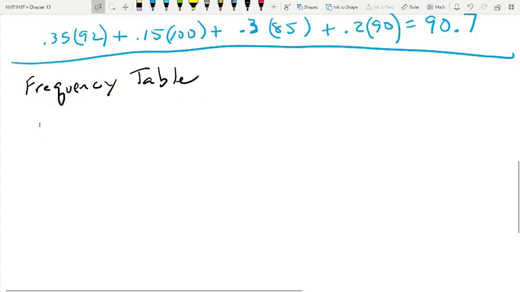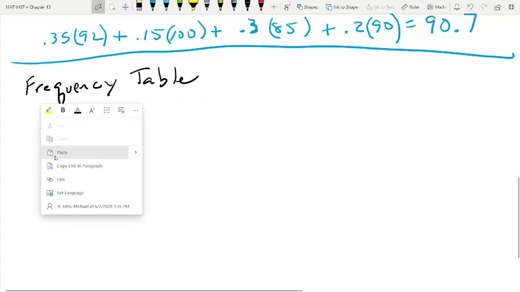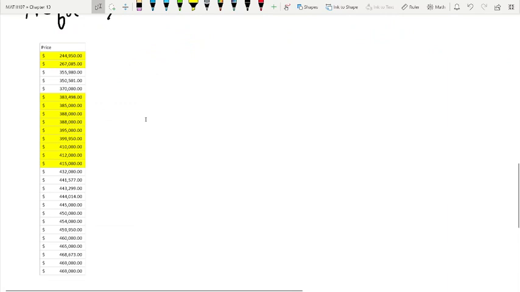All right, so these are a group of house prices I got off of Zillow for houses in Renton. Again, off of the Zillow website. And I decided, well, I'm going to make a frequency table based on this data set.